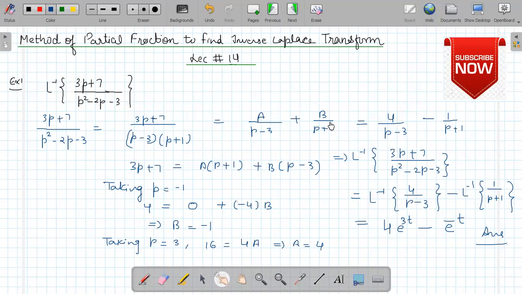We substitute the values of a and b here to get the partial fractions of this function. So the Laplace inverse of this function is equal to Laplace inverse of this function minus Laplace inverse of this function. We can take 4 outside the bracket by the linearity property. So Laplace inverse of 1 upon (p minus 3) would be e raised to the power 3t, and Laplace inverse of 1 upon (p plus 1) is e raised to the power minus t.